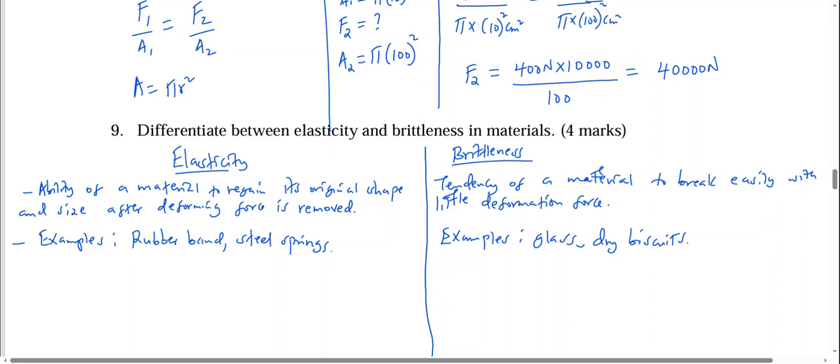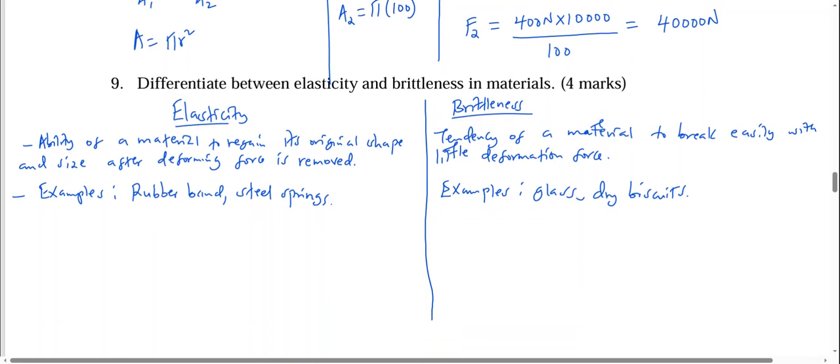So you can use examples and all possible differences when giving differences, but remember they should be in line. If it's example, let it be example for both cases. If it's using their definitions, use definitions for both cases.